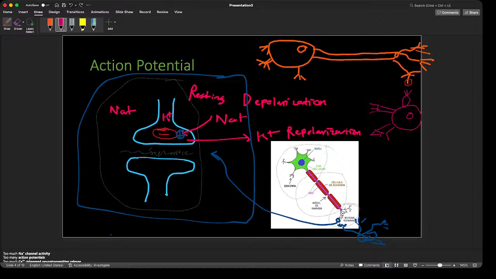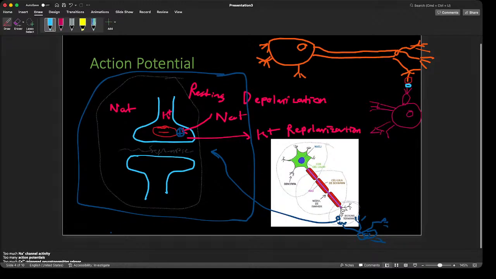Actually, let me choose a different color here for your reference. Right here in this area, this is your synapse. Let me try to draw this to show that's the axon right here, and then again, you have another pair of fingers. I know it's not great, but at least you can understand the concept here. That is most important.